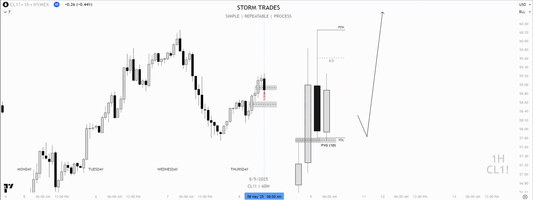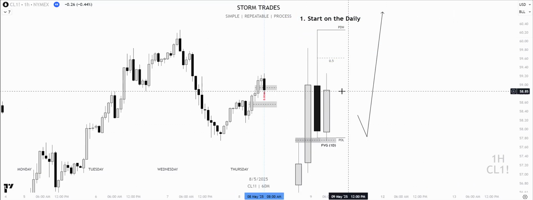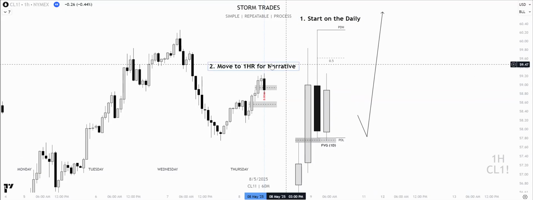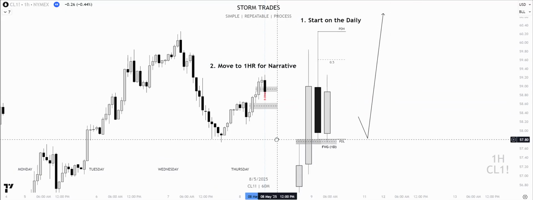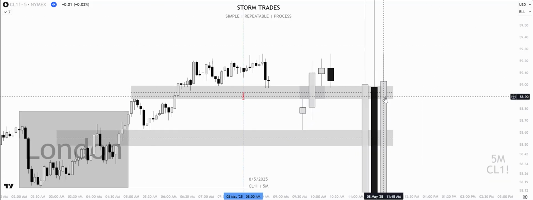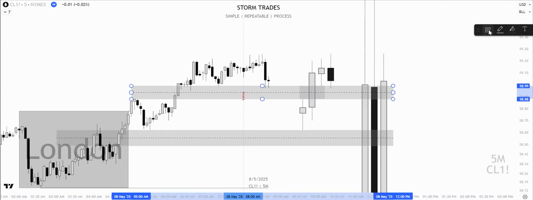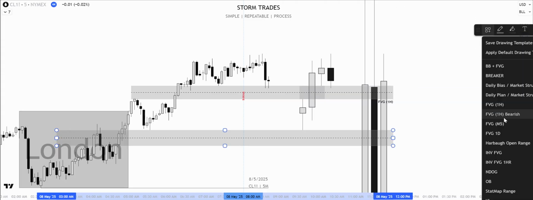Okay, so first things first, we start on the daily. All right. Next, if we move to the 1 hour for narrative. All right. Now let's go down to the 5 minute, because once we've engaged the hourly POI, we want to start looking for setups after the time and during the time in which we want to start looking for trades.